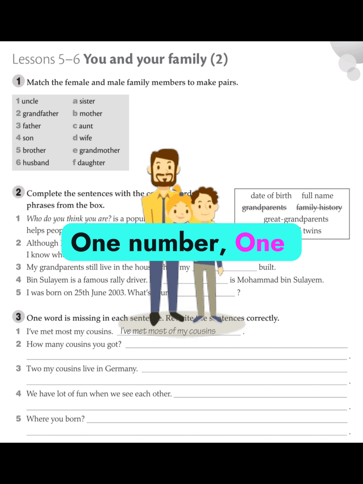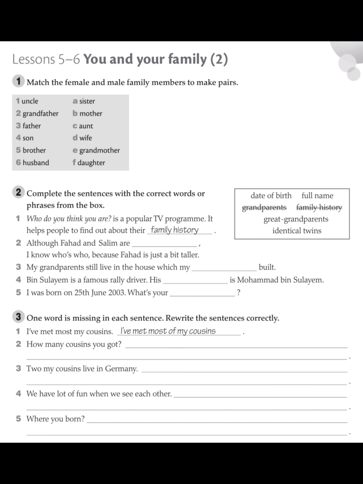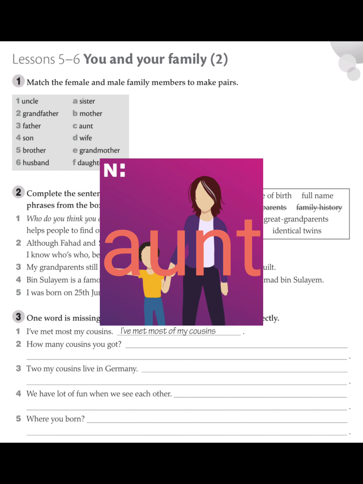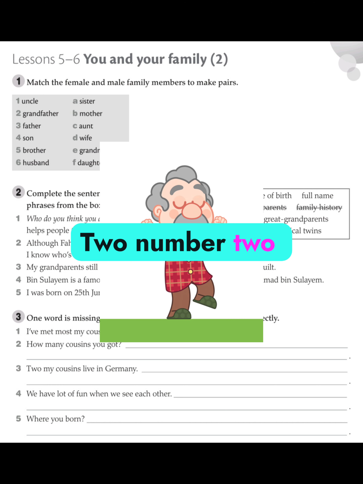Number 1. Uncle. Who is the female match? It's aunt. Number 2. Grandfather.